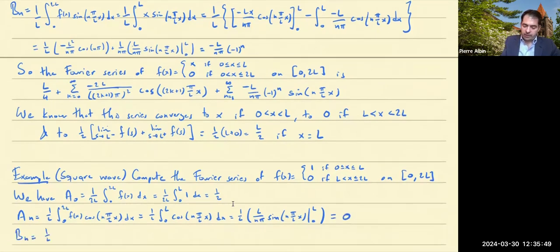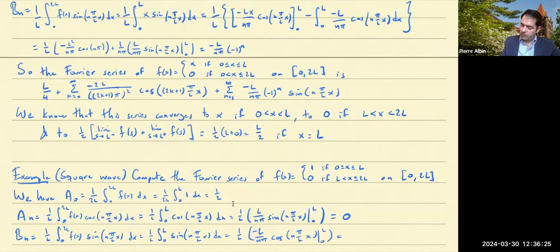Bn would be 1 over L, integral from 0 to L, f of x sine n pi over L x dx. So that's 1 over L, integral from 0 to L of 1 times sine of n pi over L x dx. So that would be 1 over L times minus L over n pi cosine of n pi over L x evaluated at 0 and L. So that would be minus 1 over n pi.